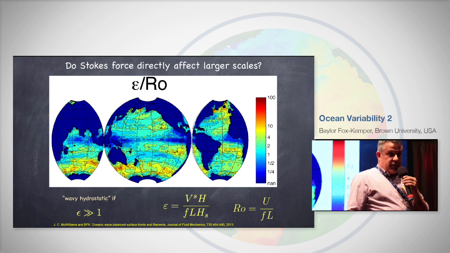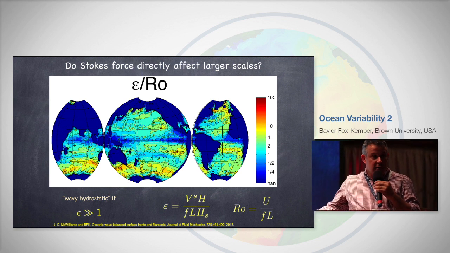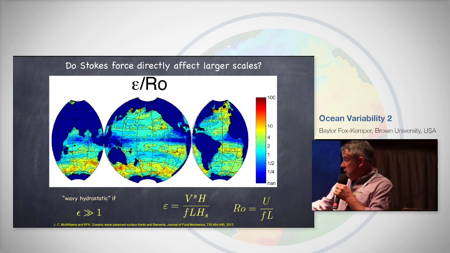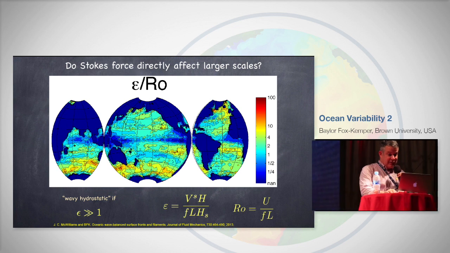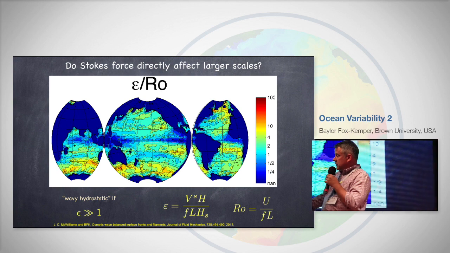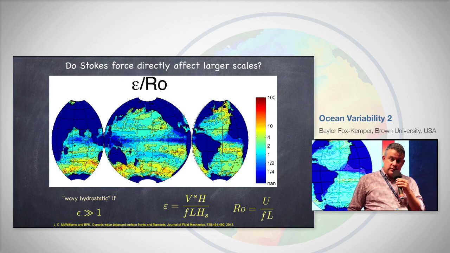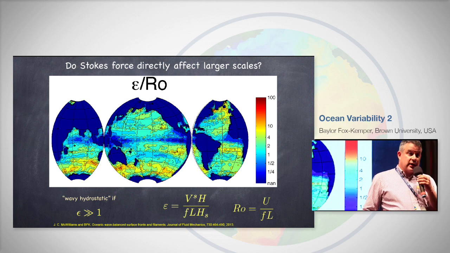The effect of the surface gravity waves on the submesoscale is predicted to be more important than finite Rossby number in most of the world. So this is a reduced model which has a very surprising set of dynamics in it. If we say we should be wavy hydrostatic rather than hydrostatic for all of the regions where that's greater, most of the world is a wavy hydrostatic region.